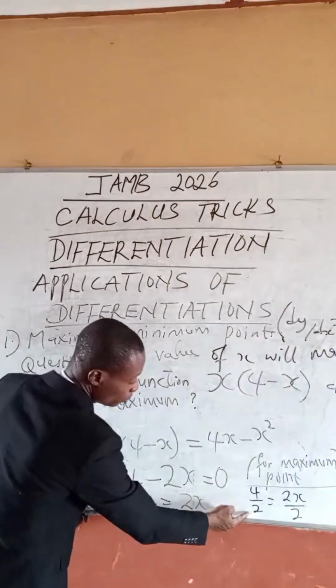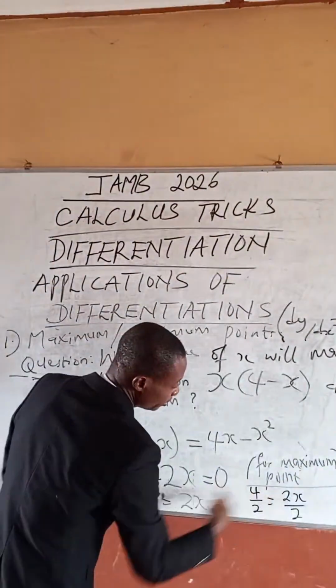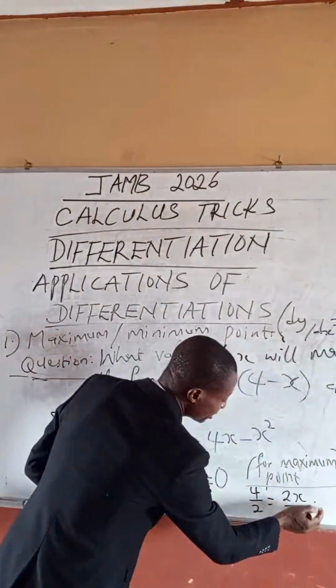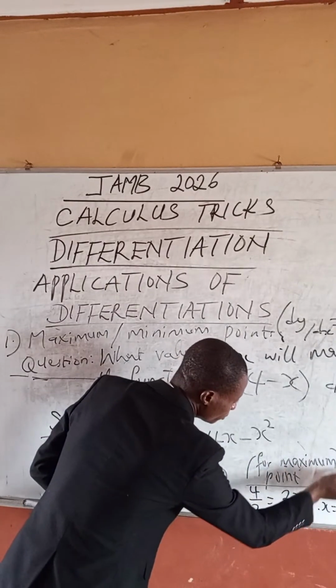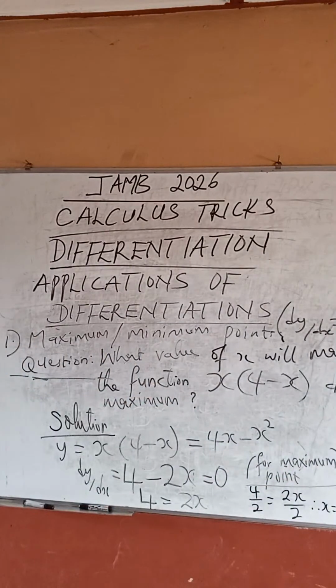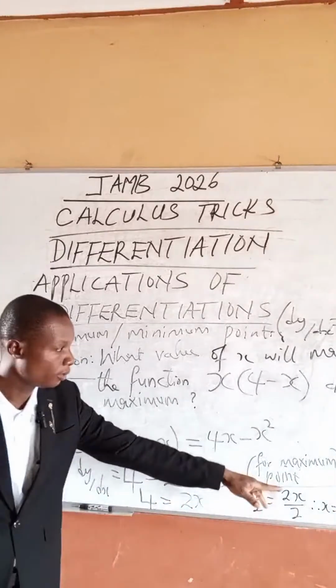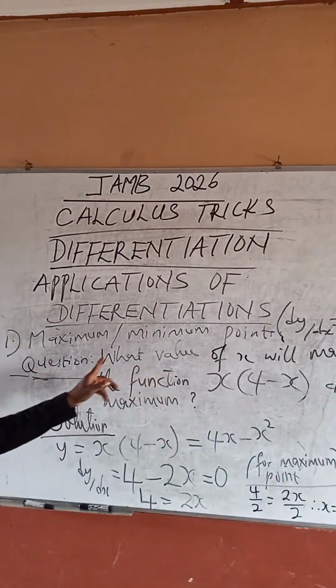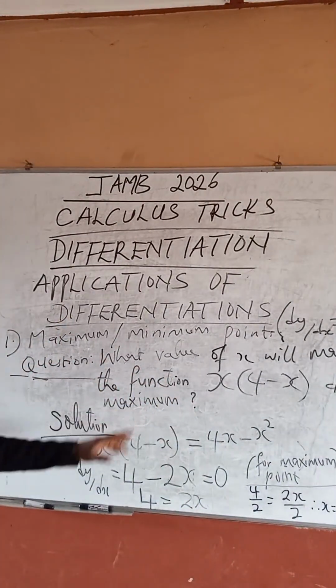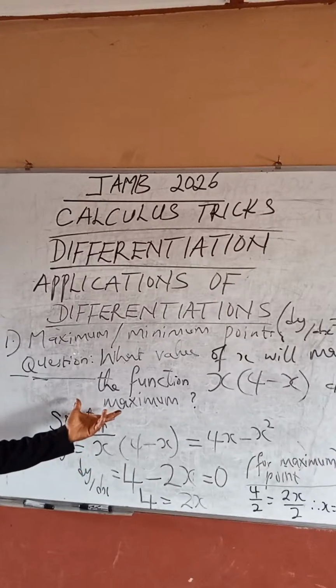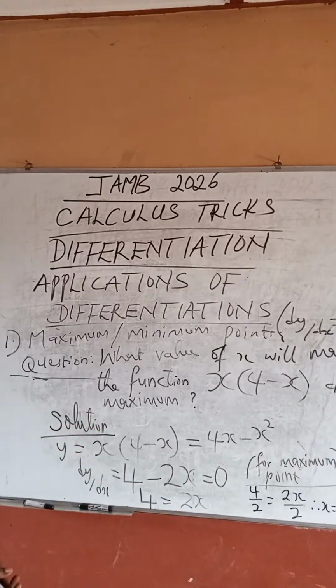So 4 divided by 2 is equal to 2x divided by 2. 4 divided by 2 is 2, and the 2s cancel, so we are left with x equals 2. That is the solution. It is this value 2 that will make this expression a maximum.